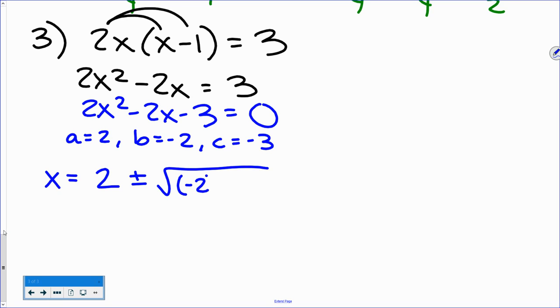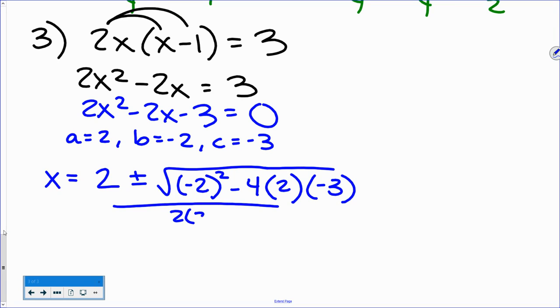I'm doing negative 2 squared. Make sure you do parentheses around that or just use your brain when you take negative 2 times negative 2 because that's going to come out positive. If you do not use those parentheses, it will not, and you're always going to get the wrong answer inside of that square root. All right, minus 4. My A value is 2. My C value is negative 3. All over 2 times my A.